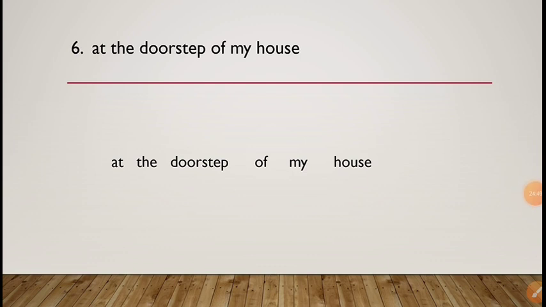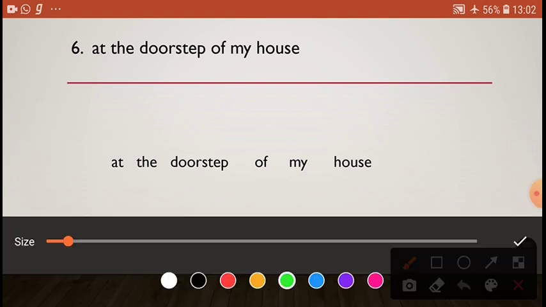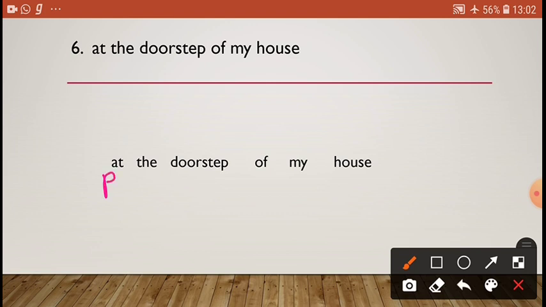Let us do the phrase analysis of this one. Which is the main word here? At the doorstep of my house. As the phrase starts with preposition, we can say this is a prepositional phrase.